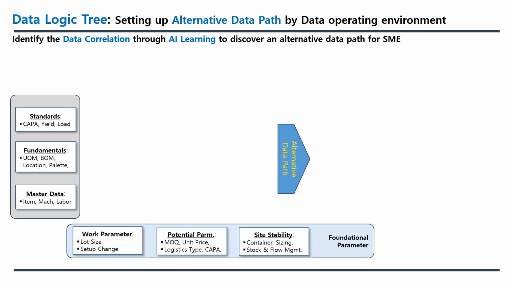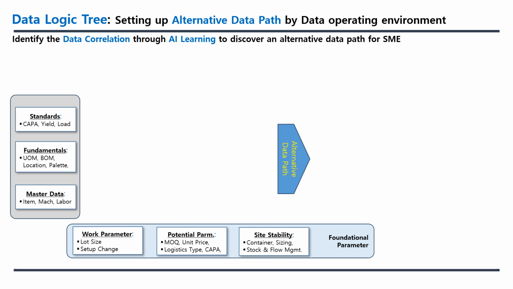And then there are operational parameters like lot sizing and setup change time, minimum order quantity. All of those can be a kind of feature data for AI machine learning information processing.